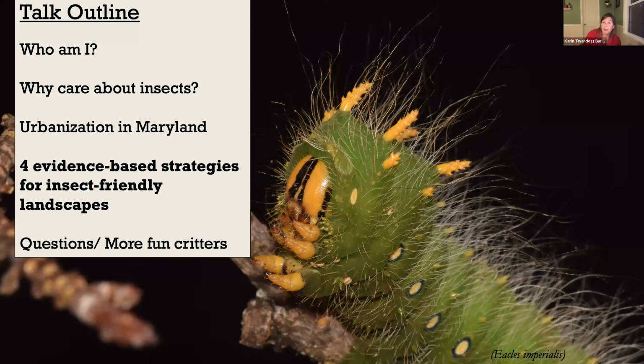And so how might we be able to do that? So now I'm going to go through a number of different evidence-based strategies that we could use in some of these developed lands to create more insect-friendly landscapes.